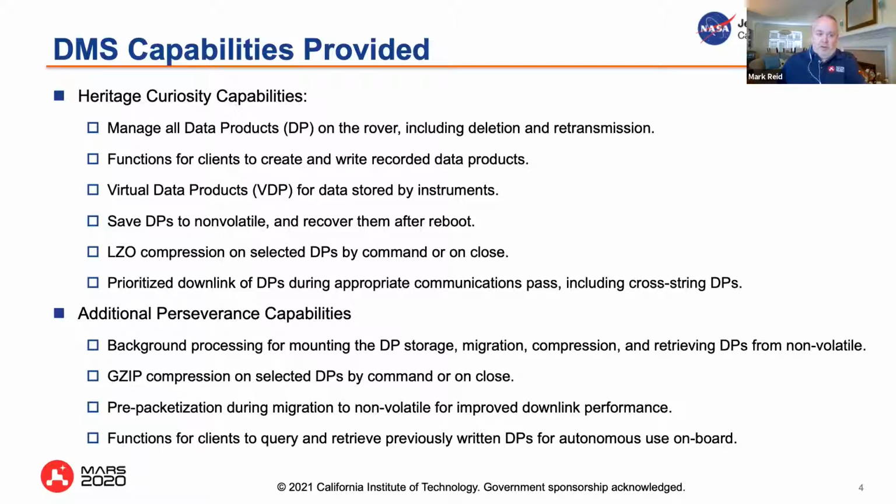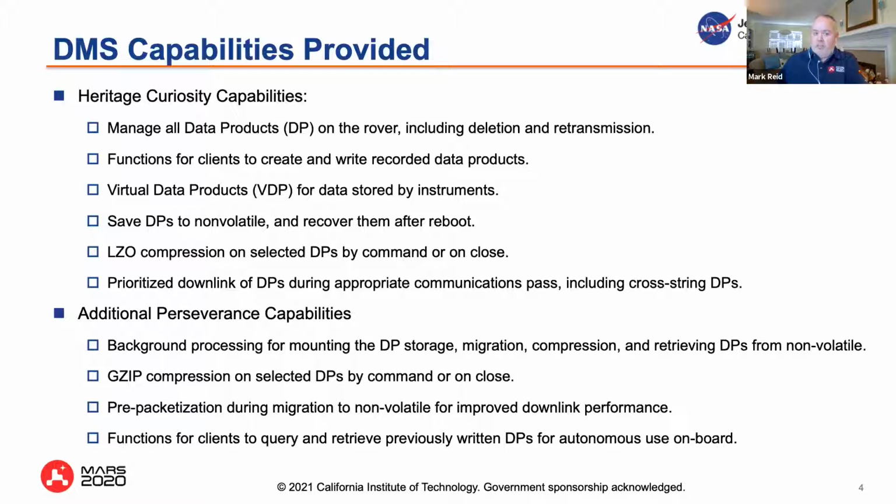The third big capability here is for some instruments, the data is actually stored on the instrument itself, not on the rover. And in those cases, DMS provides for virtual data products. So we'll put an entry in our catalog to keep track of those products and provide the instrument managers for those instruments, and this is why I called those out on the lower right corner of the previous chart, an interface to create a virtual data product, which has an entry in the catalog, all the necessary information to go retrieve the product later.